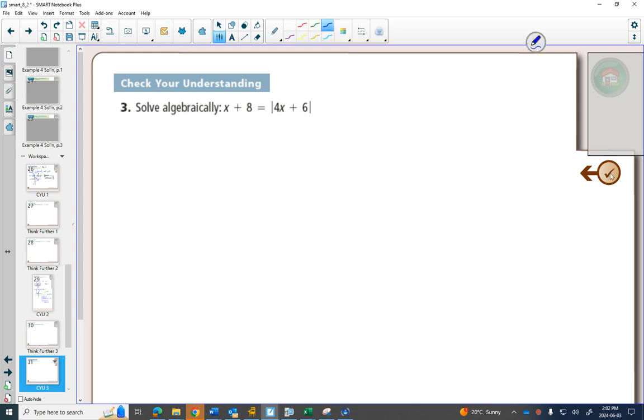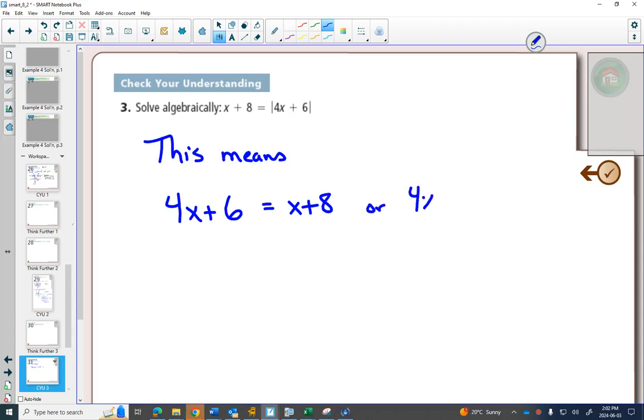And when we go to solve this, this means that either the 4x plus 6 equals the x plus 8, or the 4x plus 6 equals the negative x plus 8. This is our possibilities. So what does that mean?